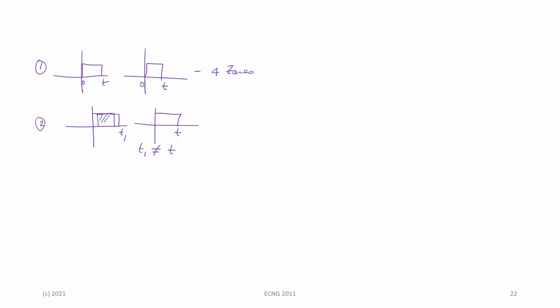It's going to lie within that range, something like that. And you're going to have a 5th zone in the convolution. So you're going to have the no overlap zone, you will have an increasing zone, then you will have a constant zone, then the decreasing zone, and then the no overlap zone.